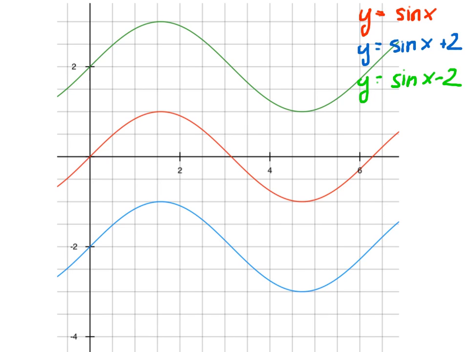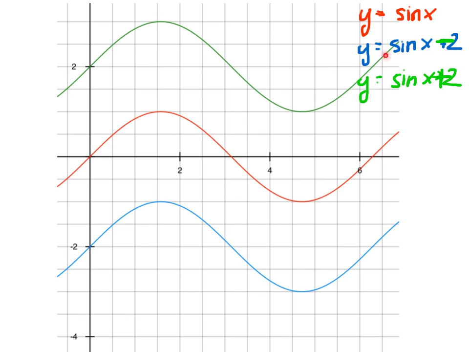What happens is that I'm shifting the curve up. And actually, I'm sorry, I've written these in the wrong order. The blue curve is actually minus, and the green curve is actually plus.